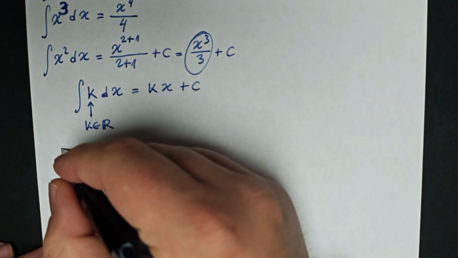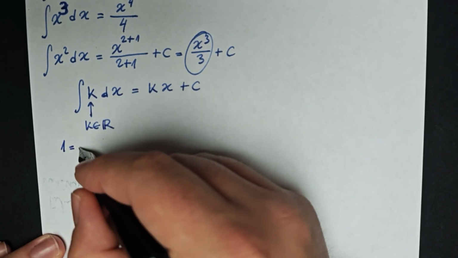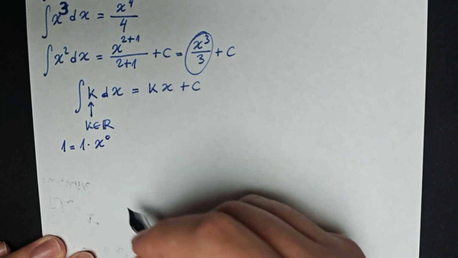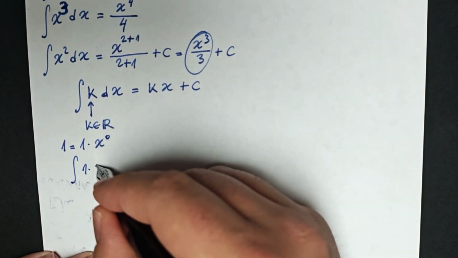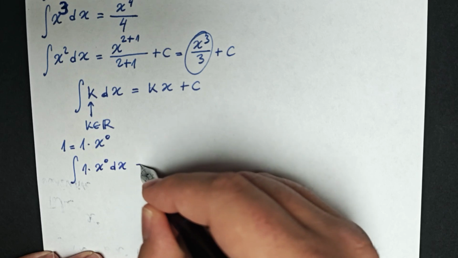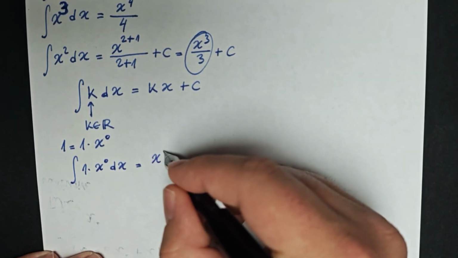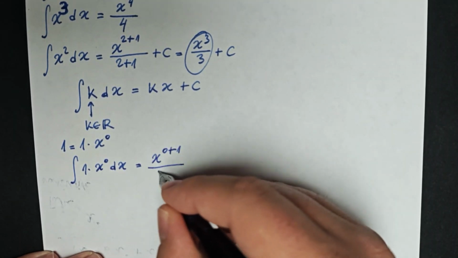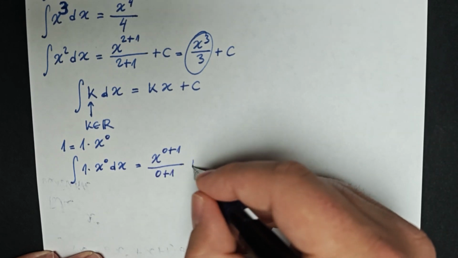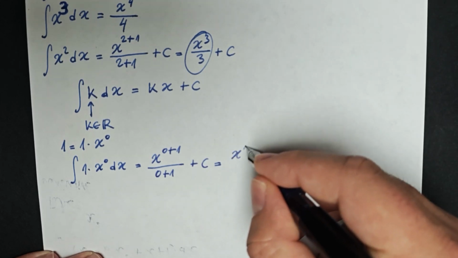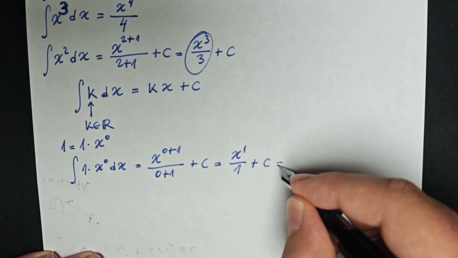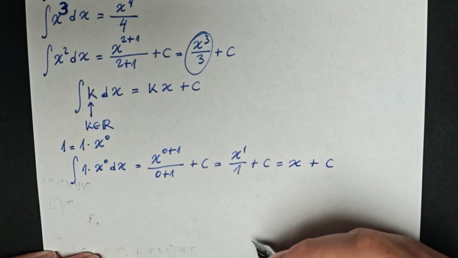You can represent constant number 1 as 1 multiplied by x to the power 0. Well then, when you integrate this 1 multiplied by x to the power 0 dx, you get x to the power of 0 plus 1 divided by 0 plus 1, and plus that constant c. So this is just x to the power 1 divided by 1 plus c, which is x plus c.